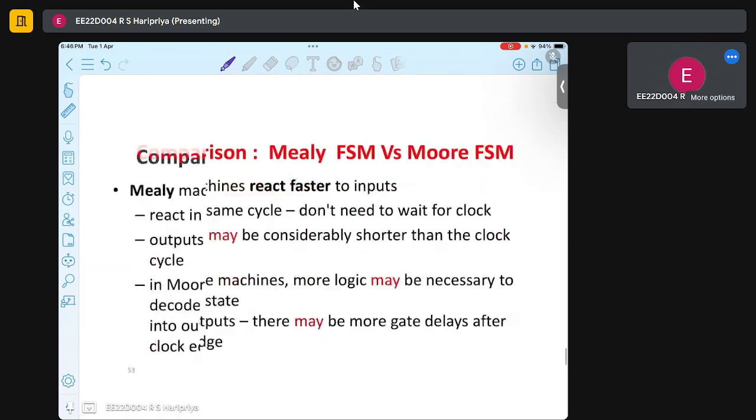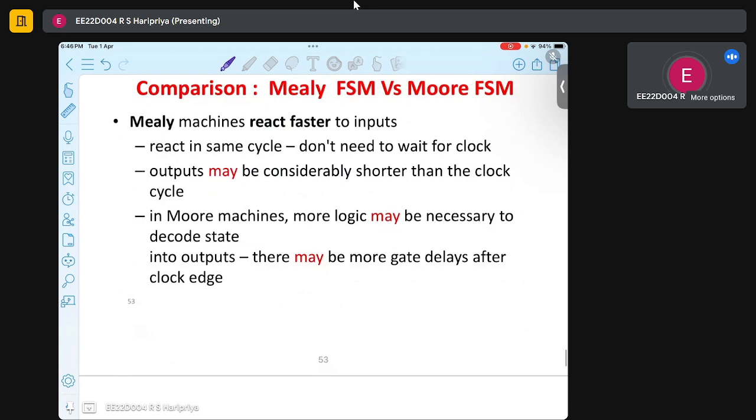Mealy machines will react faster to the inputs. Moore machines require more logic, so it is necessary for decoding, and there may be more delays at the output.